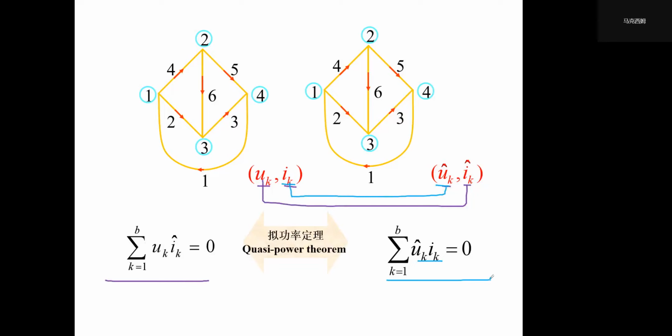We notice that Uk is from the branch of the first circuit, and Ik is from the second circuit. The content in those two circuits may not be identical, but their graph, their structure, is identical. So we can have this conclusion.